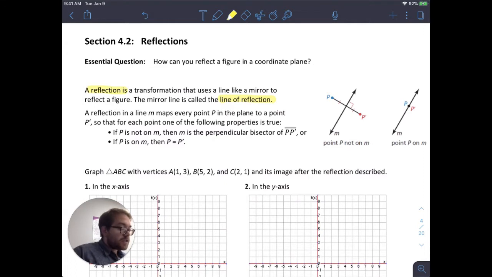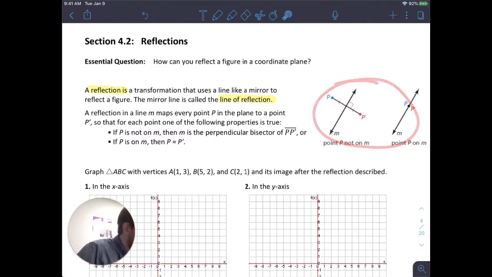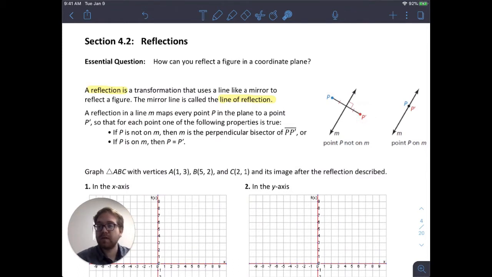A reflection in line M that we see here in this image maps every point P to a point P prime, so that for each point one of the following properties is true. If P is not on M, so it's not on the line, then M is the perpendicular bisector of this segment PP prime.